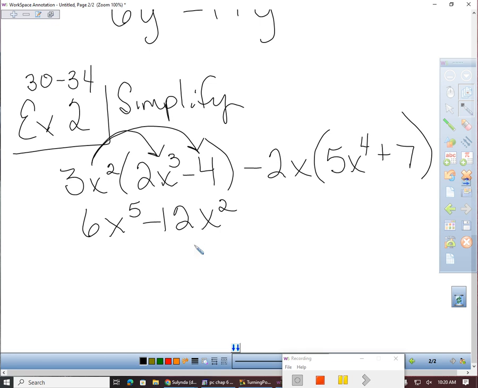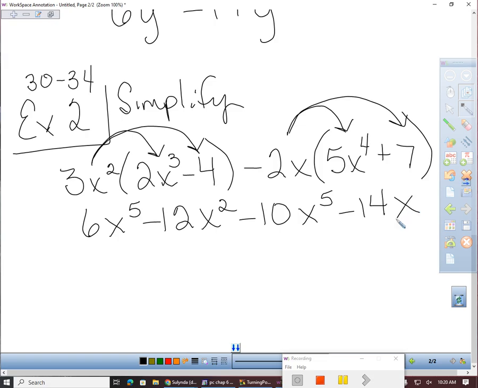We're to the end of the parentheses, so we're done distributing that one. We move to the next one. I have negative 2x times 5x to the fourth. We multiply our coefficients, that's negative 10, keep our base, and add our exponents. Then we have negative 2x times 7 is negative 14x.